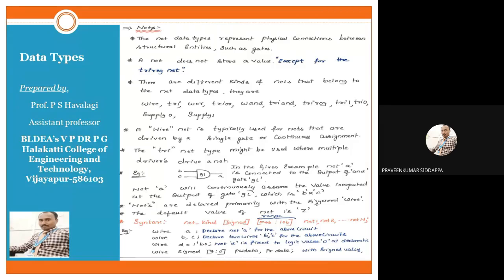There are different kinds of nets that belong to the net data types: wire, tri, wor, and many more. But in Verilog, whenever we have logical diagrams and express them in Verilog code, we use only one keyword, wire.